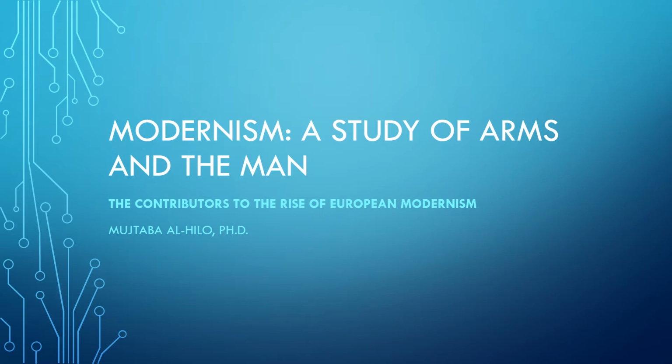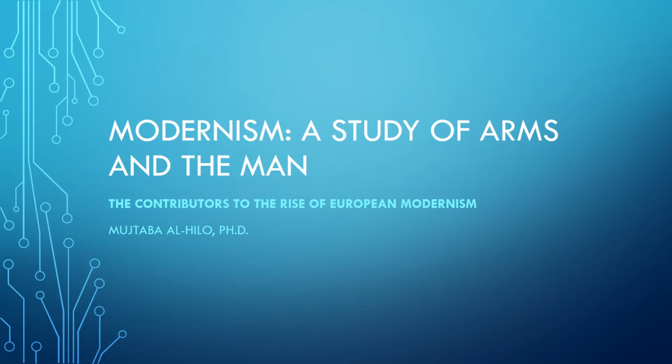This course is going to be a very introductory course, and it will be somehow a threshold to the concept and the philosophy of modernism, and we are going to study some important features of modernism in Arms and the Man by Bernard Shaw.